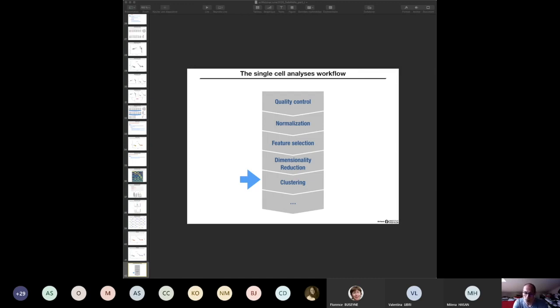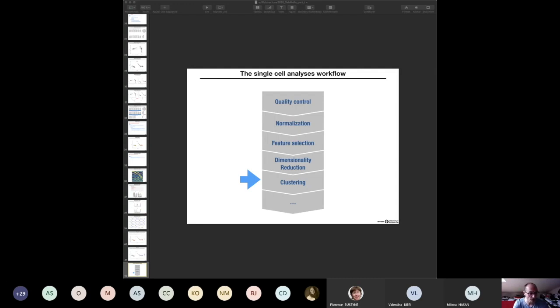But if you have a more homogeneous population, it will be better to take more genes to find subtle variations in the data. It really depends on the degree of homogeneity of your sample.